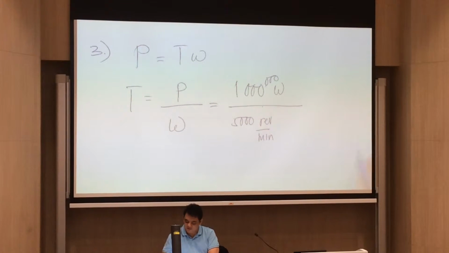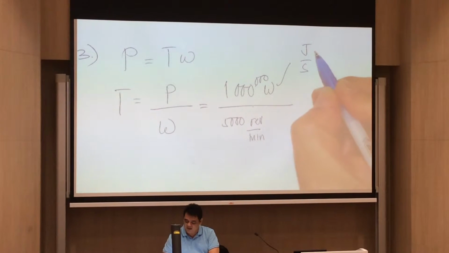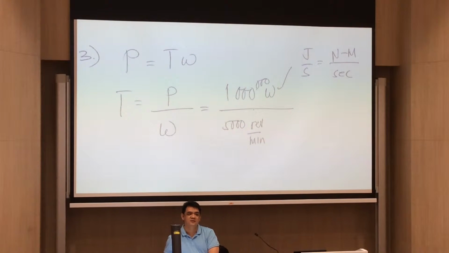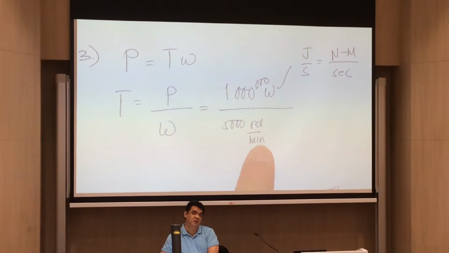Check the units. Watt is joule per second. Joule is Newton meter. So you have to convert this one. This should be unitless and this will be in seconds.